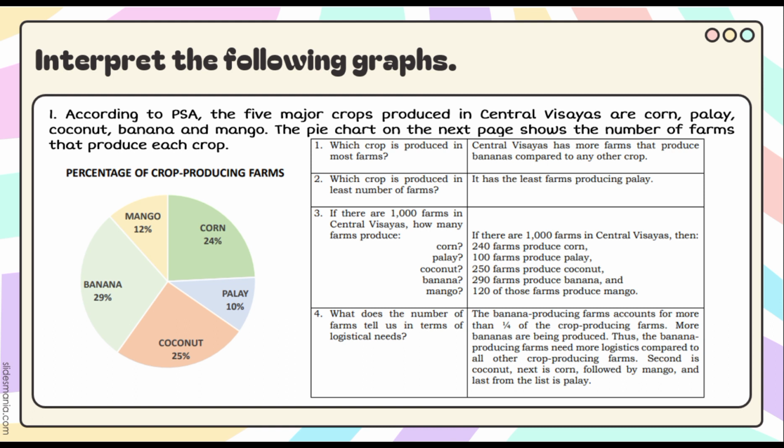Second is coconut, next is corn, followed by mango, and last on the list is palay. First, the highest percentage is banana, 29%. Second, coconut, 25%. Next is corn, 24%. Mango, 12%. And last is palay, 10%.